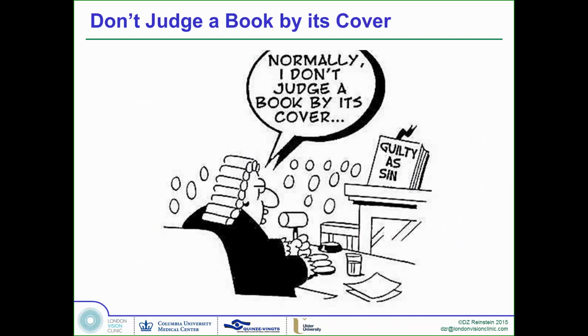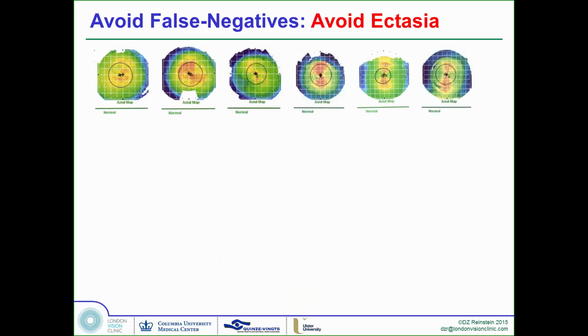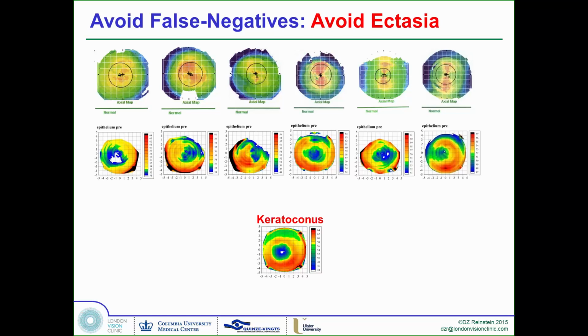You have to read the first chapter, and that's the epithelium. And the first chapter tells you a lot. Here are 6 maps of corneas that are obviously normal and determined to be normal by the algorithm, which, however, on epithelial thickness mapping demonstrated subsurface stromal cones. And you have the classic pattern of thinning of the epithelium with thickening of the epithelium around it, a donut pattern.